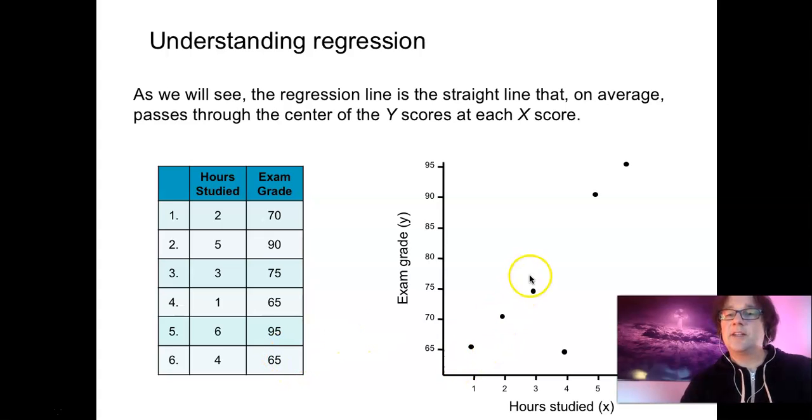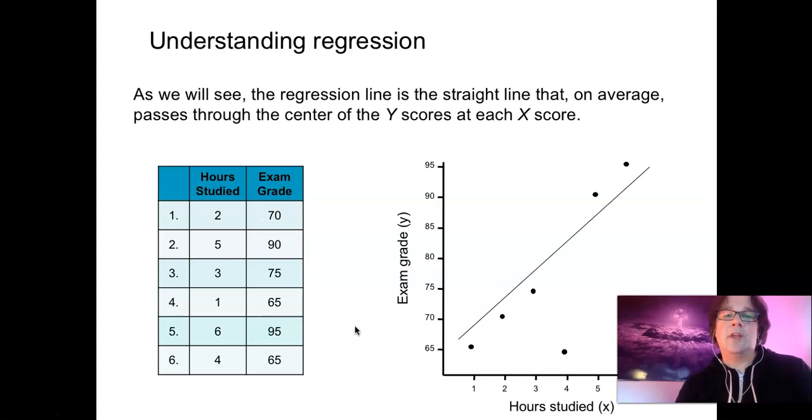It's a pretty consistent, pretty strong relationship between X, the number of hours you study, and how well you do on an exam. Again, except for this score, acting as an outlier. So we only get one straight line to best represent all of this data.